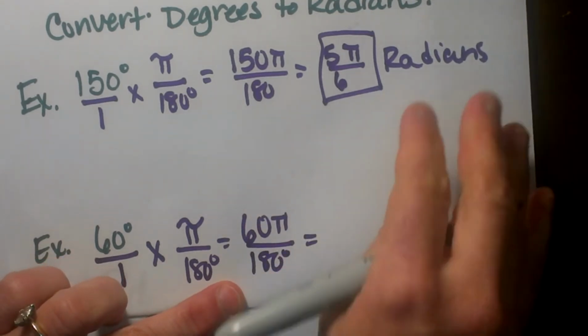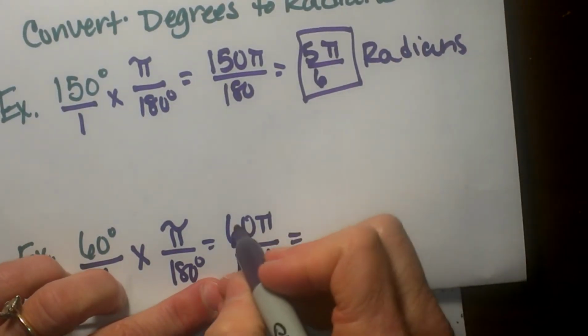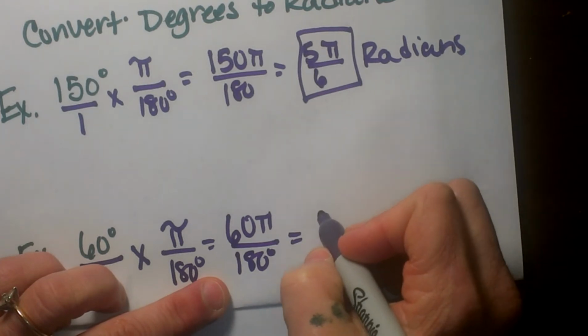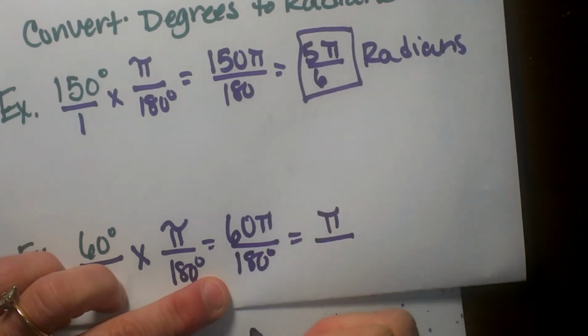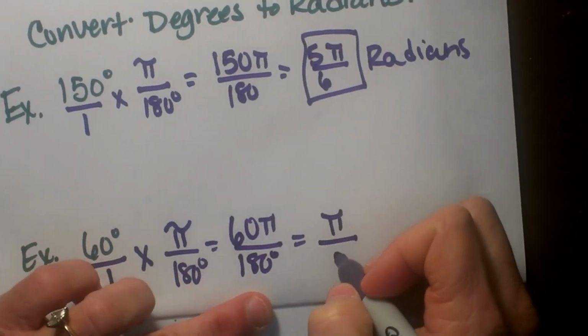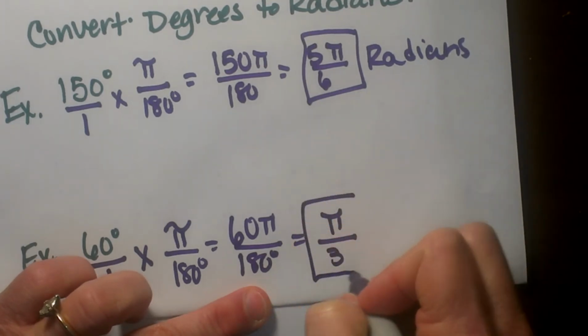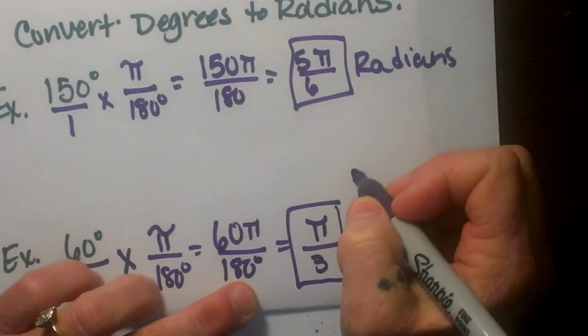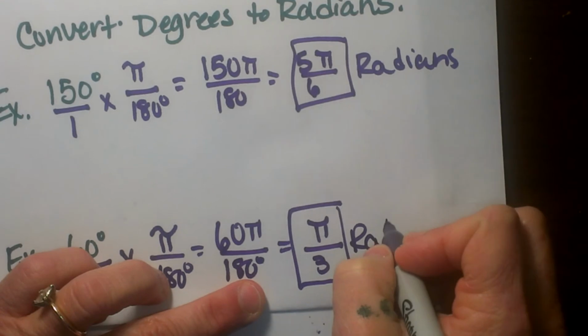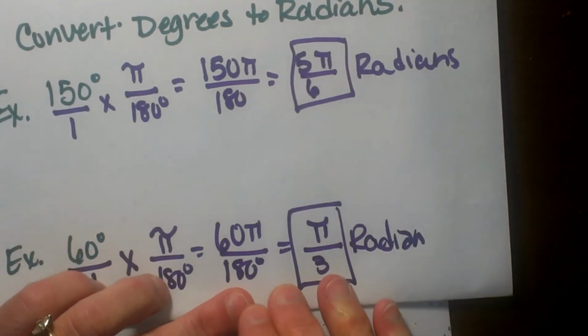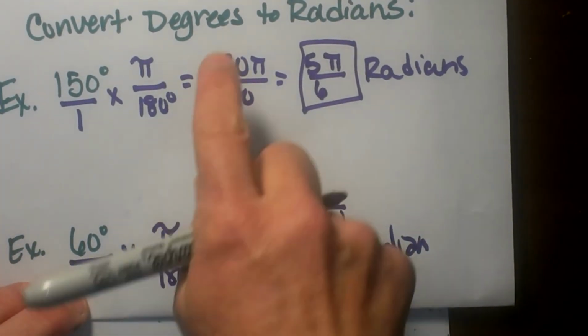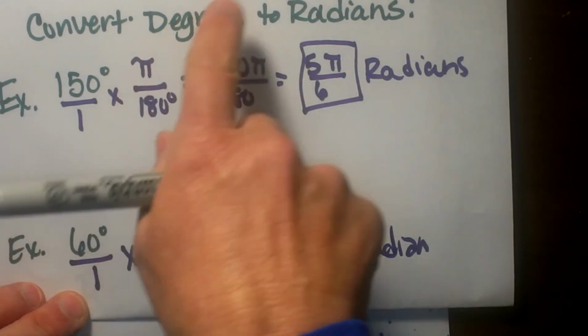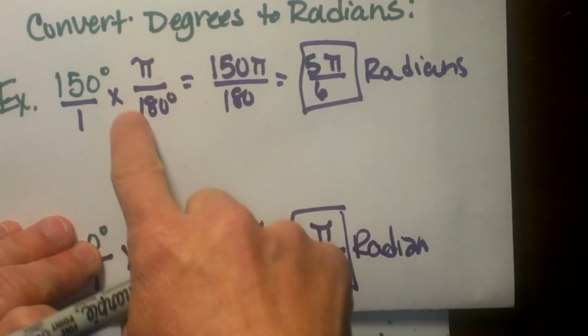And let's reduce this, and notice they reduce by 60. I can take a 60 out of that, so that's just 1 pi, or just pi. Take a 60 out of that, and that's 3. So pi over 3 radians is equal to 60 degrees. And that's how you convert from a degree to a radian using this proportion.